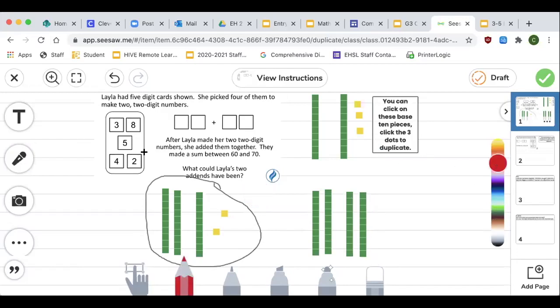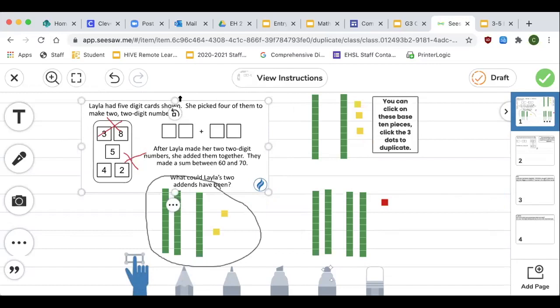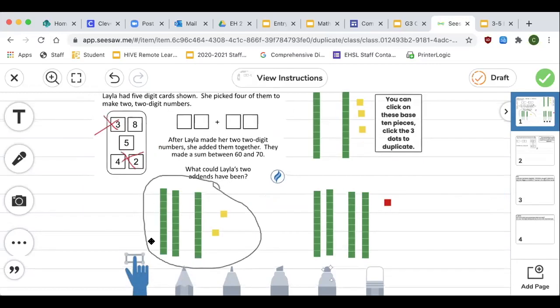For myself, I'm gonna cross out the numbers that I used. That way I know what I have left. So I already used 4. Oops, that's not helpful. That is helpful.